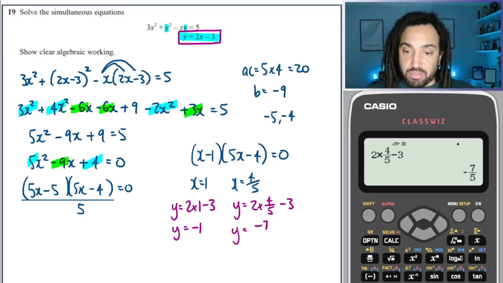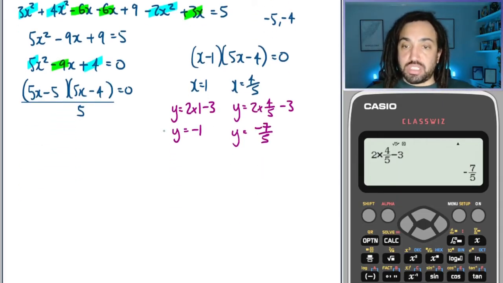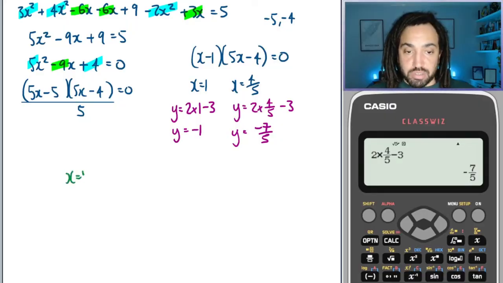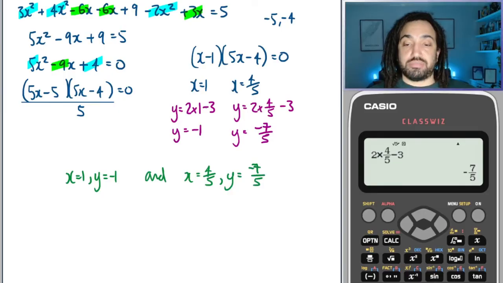Minus 7 over 5, perfect. Okay, and then the final step, just to finish it off with a nice cherry on top and a nice round bow, write the solutions out as pairs, so the examiner knows that you know that they come as pairs, like such. Beautiful.